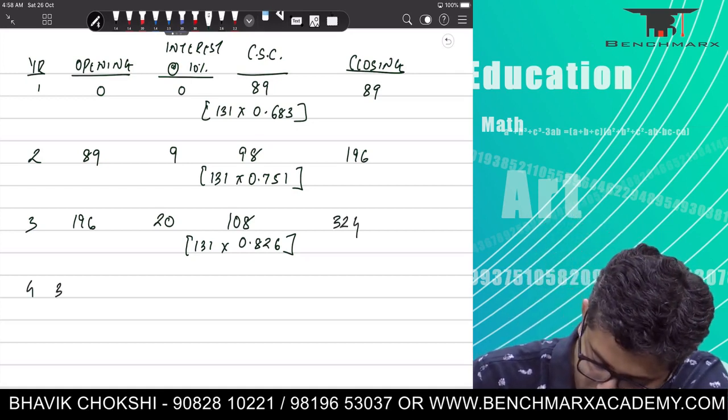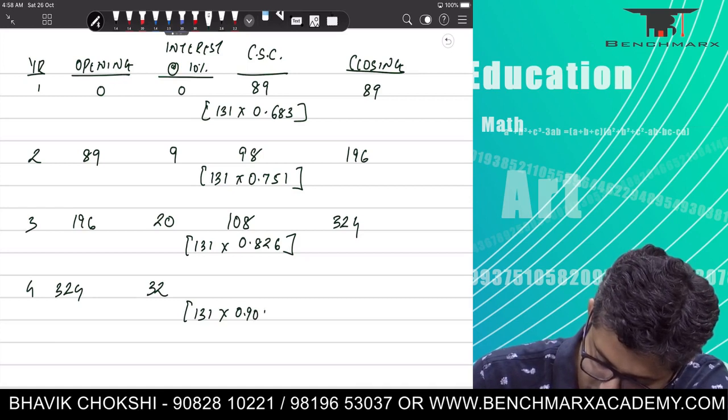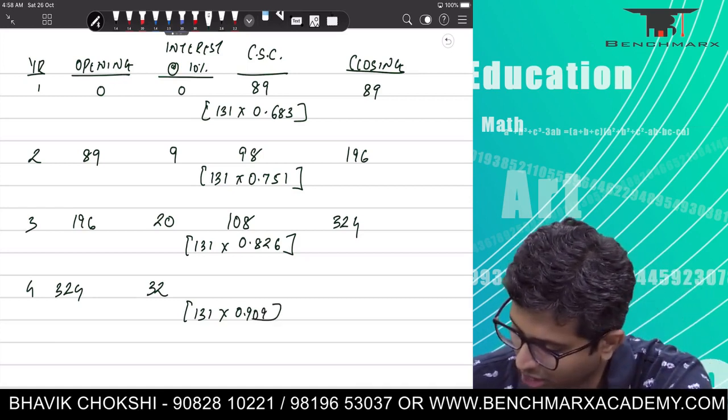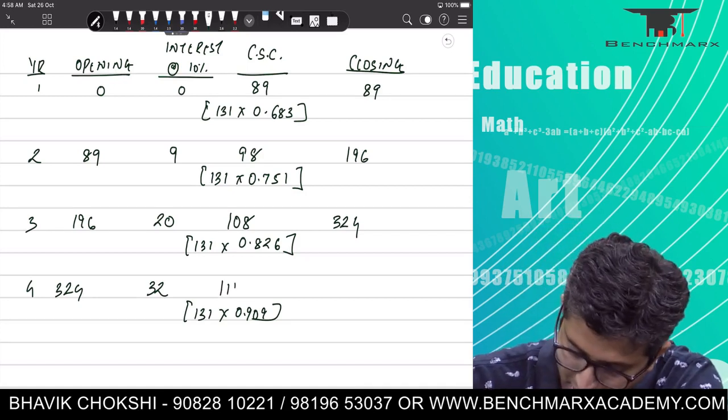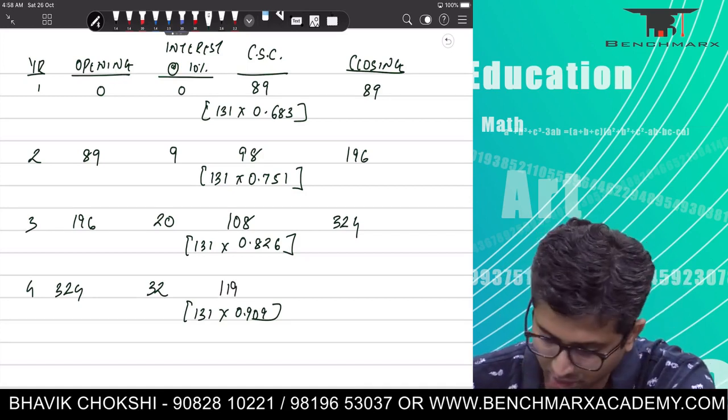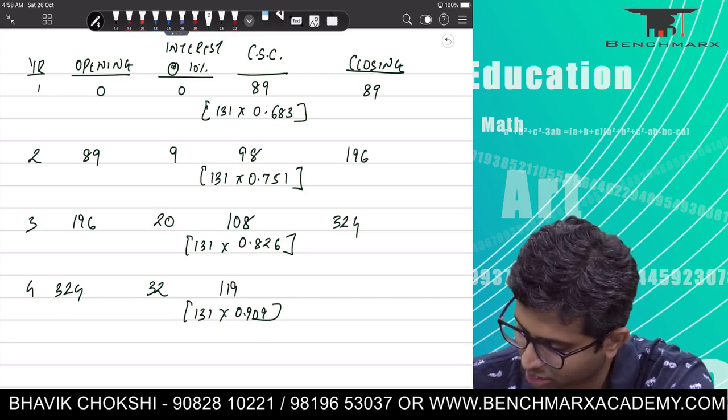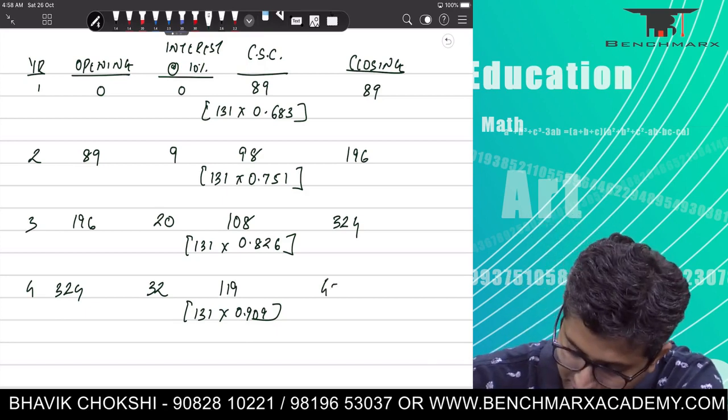Go to the 4th year, that's 324, and 10% is around 32. 131 is now payable after a year, so it is into 0.909. 131 into 0.909 is around 119. So this is 324 plus 32 plus 119 comes to 475.